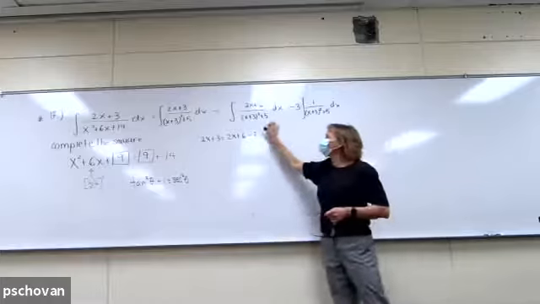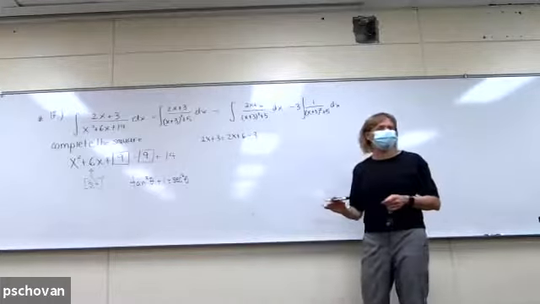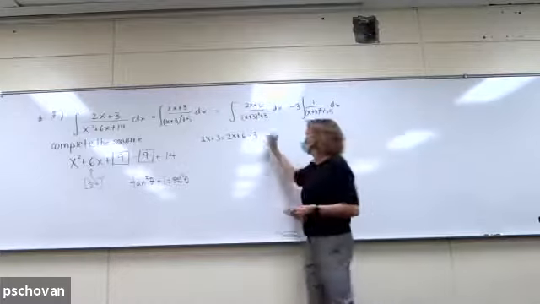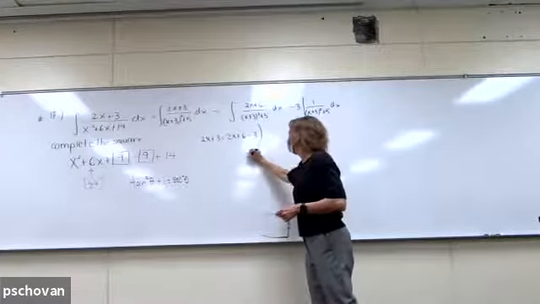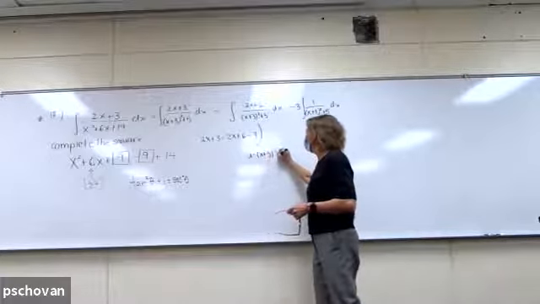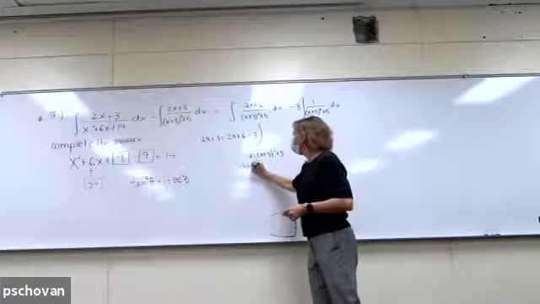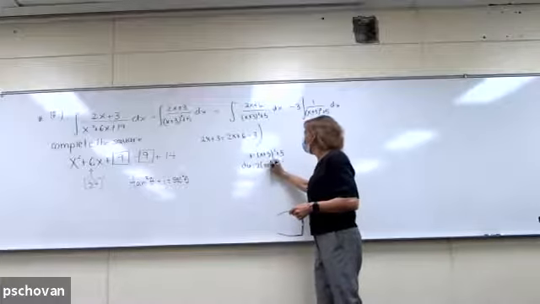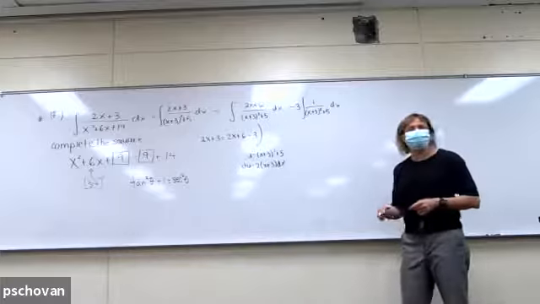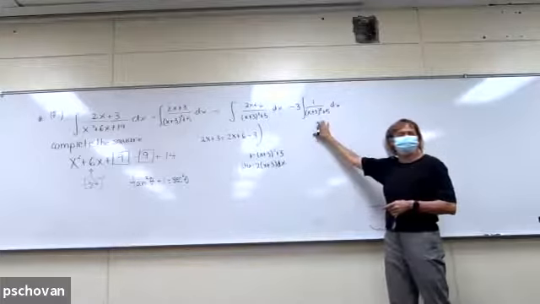This integral, we're going to take the whole denominator to be u, and then its numerator is du. So that's now a 1 over u integral. And then again, I said we did this one a second ago as an inverse tangent.